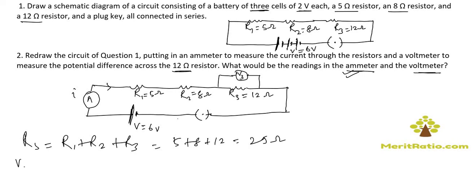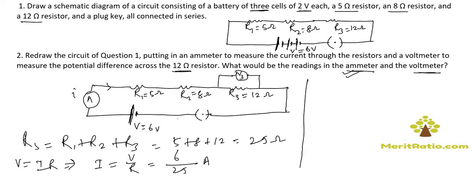And from Ohm's law we know V is equal to IR. This means I is equal to V upon R. What's the value of V? This is 6. And total equivalent resistance is how much? This is 25. So this has become the value of current which is passing through the circuit, 6 upon 25 ampere.